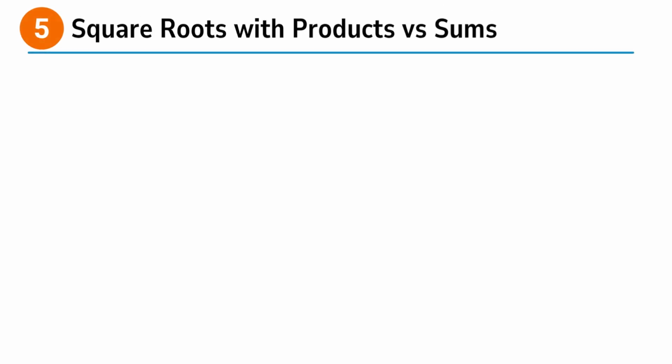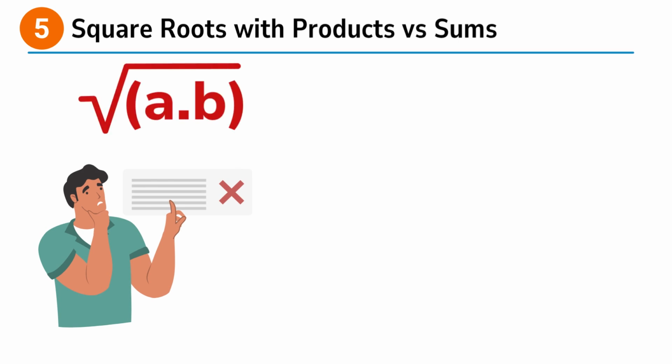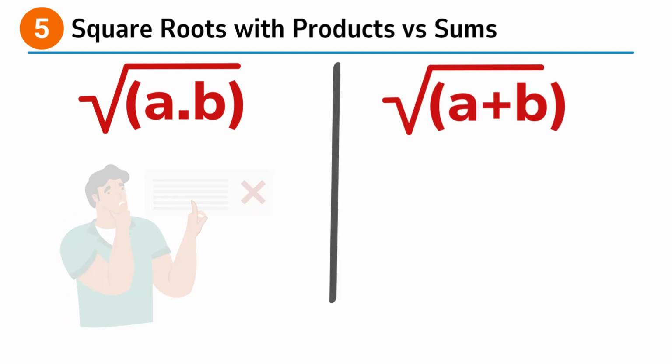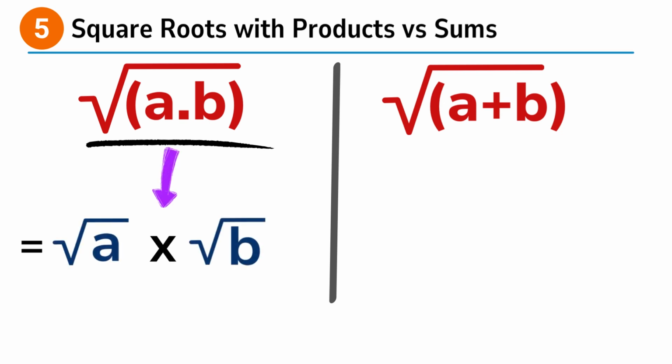5. Square roots with products versus sums. Now let's clear up a common mistake with square roots. We've got two expressions. Square root of a times b and square root of a plus b. Now the first one is nice. We can break it down as square root of a multiplied by square root of b.